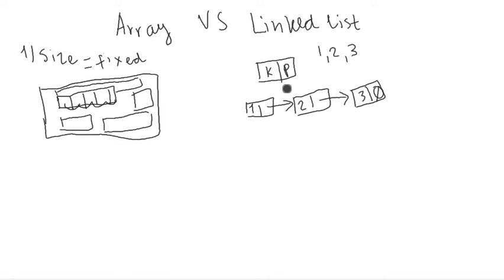So in the memory you can actually store it wherever you want. Like if you imagine that this is a memory address space, you can store your first element somewhere here, your second element here, and the third element here.